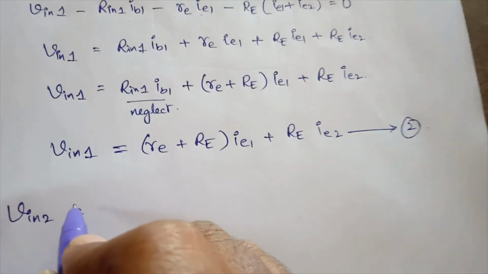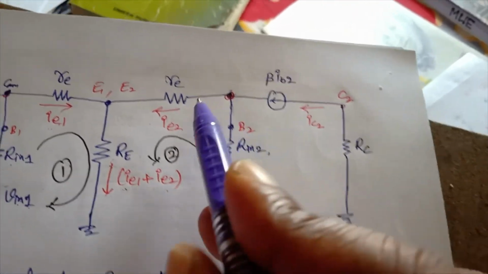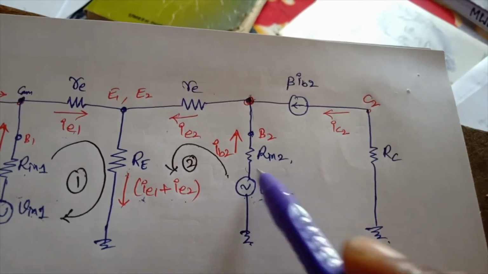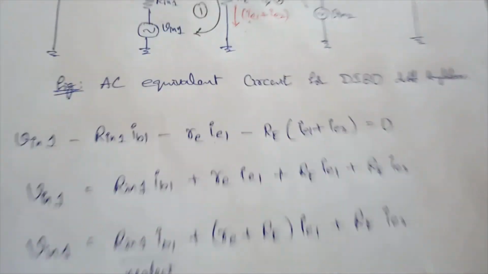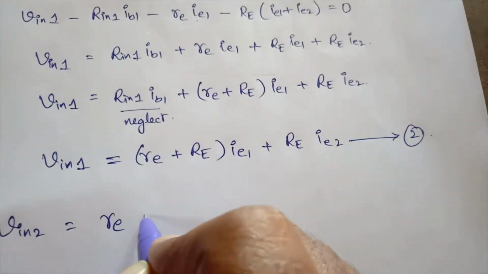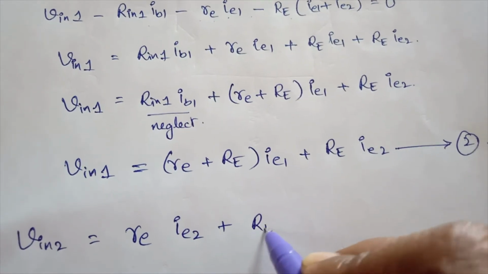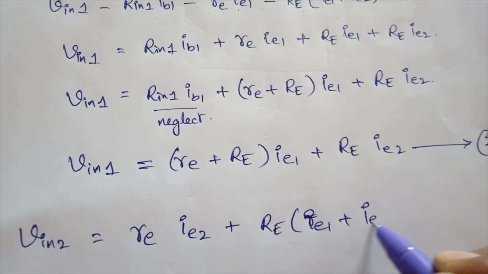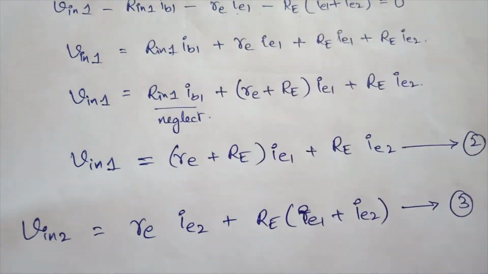The drop across Rin2 is very small as compared to the drop across Re and capital Re, therefore I neglect this Rin2 here itself. Then we are getting the simplified equation: the drop across small Re from the diagram is given by Re into IE2, plus the drop across capital Re is given by Re into (IE1 plus IE2). So let this be equation 3.